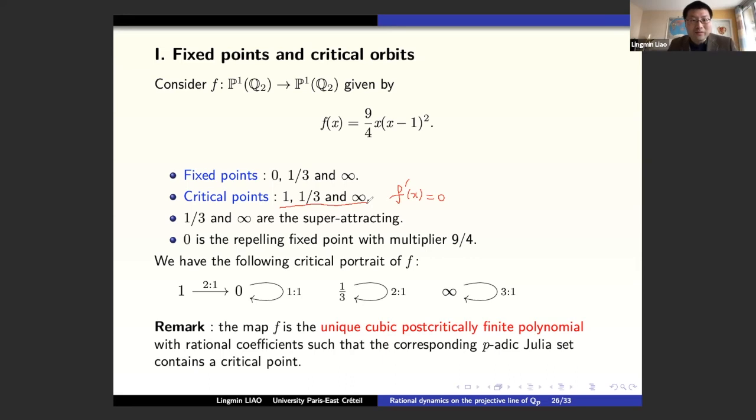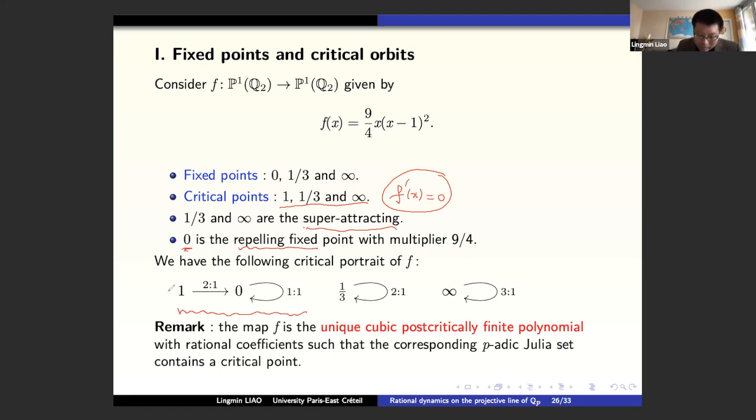And so these critical points are better, because your derivative is 0. So basically you have super attracting, a very strong attracting property. And here, you will find 0 is some repelling fixed point. So just along 0, you have expanding property. So why this polynomial is quite strange is basically this one. 1 is a critical point.